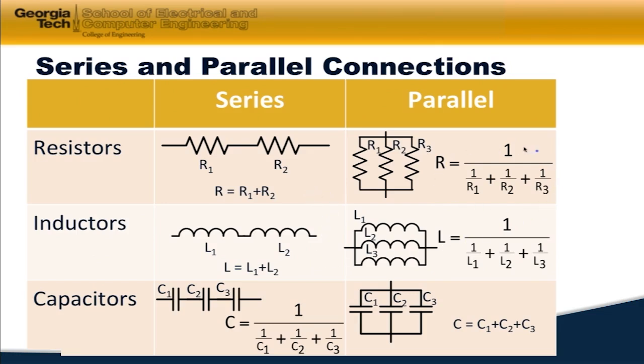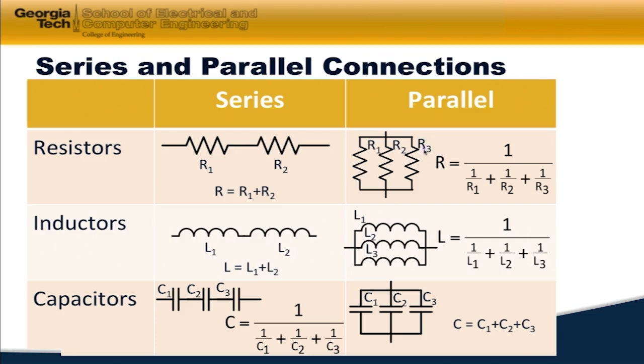Now, the parallel connection's a little bit different. Parallel connections meaning that the resistors are connected together at one end and again at the other end, whereas in series, they're connected only between them. The total resistance between this and this, so the equivalent resistance across everything, is the inverse of the sum of the inverses. Now, if I only have two resistors, I can simplify this.